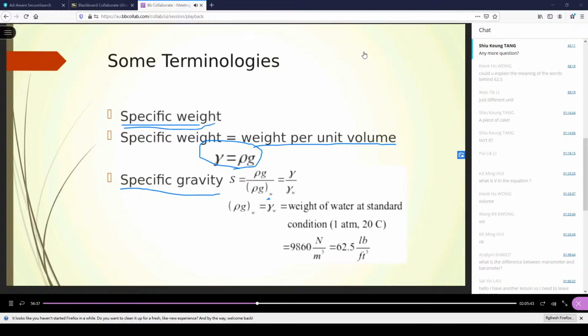Here you have some examples, but this will be given in future calculations. So don't worry. Some students asked last year why 9,816 Newton per cubic meter is the specific weight of water.